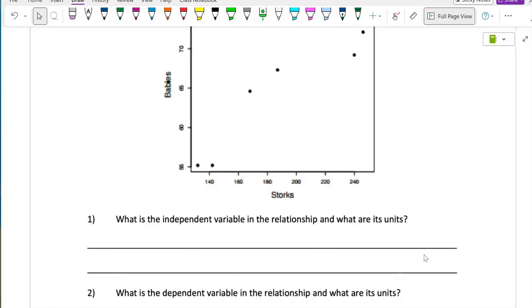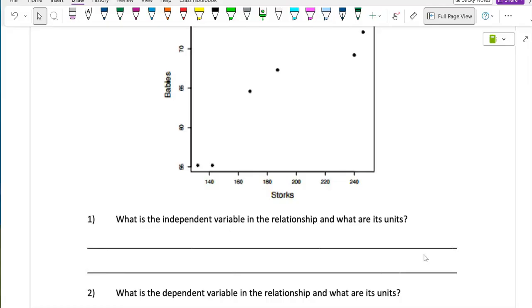So looking at those, and we haven't talked about independent and dependent variables for a little bit, which variable is usually the independent variable? Gabriel? We don't have years on the graph. What are the two labels on the graph?